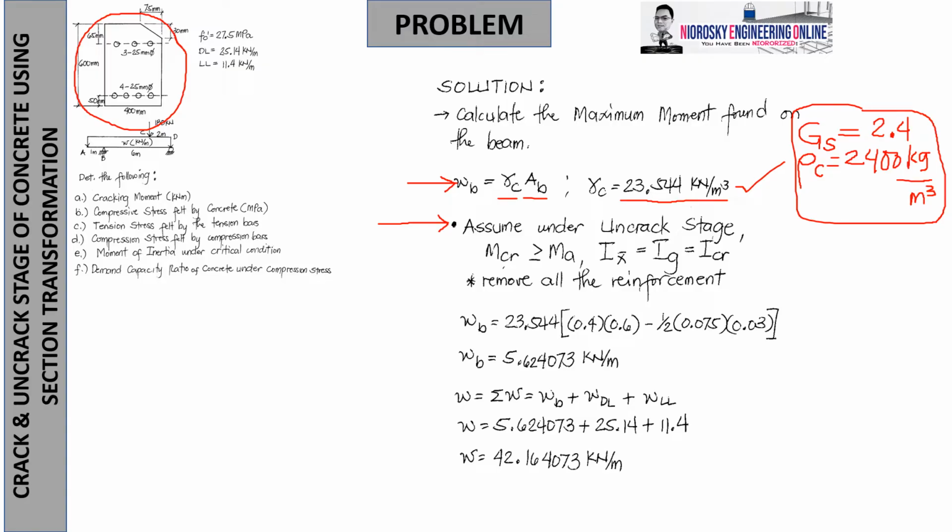If there's no necessity for reinforcement, then under the uncracked stage, the cracking moment should be more than or equal to the maximum moment found on the system of load. We also recognize that the stronger moment of inertia, I bar x, is also our gross moment of inertia, our cracking moment of inertia, or the critical inertia.